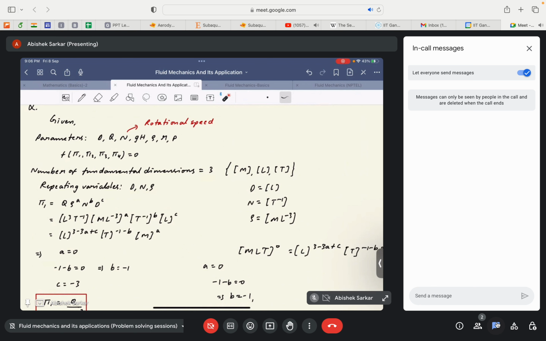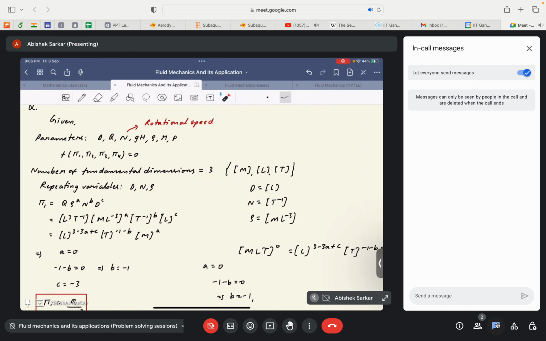So it essentially tells us that if d, n and rho are the repeating variables, these would be incorporated with the remaining terms, that is q, gh, mu and p.